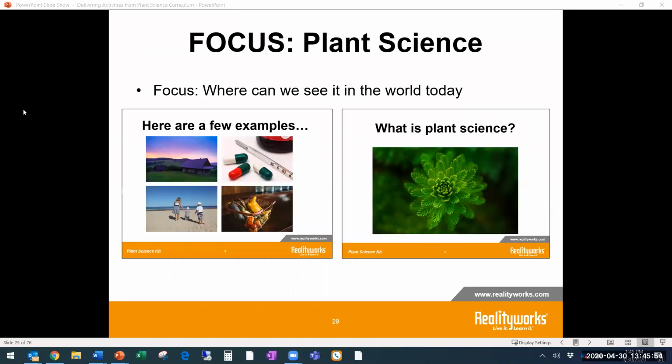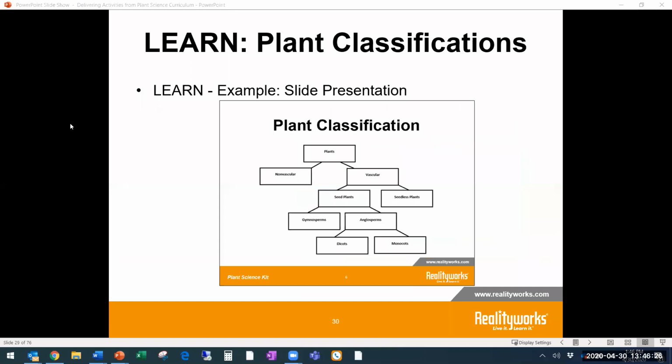With our curriculum and our PowerPoint slides, you can start talking about some different examples that the curriculum covers, and have them look at these visuals and ask what does that involve, and what is plant science all about? Using the curriculum to really engage them, they start looking around at everything we do. It may allow your students to engage even more, because it all of a sudden hits very close to home, since they're in their home and seeing what's going on there.